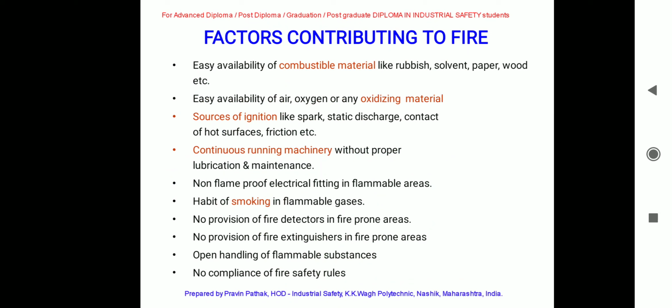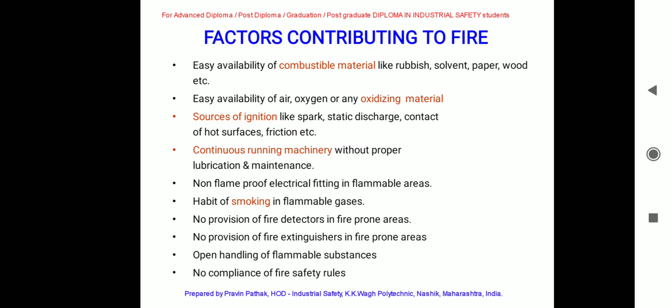So there are some factors contributing to fire. Normally we all know the factors. Some of the factors I have already mentioned here, that is easy availability of combustible material like rubbish, solvent, paper, wood, etc. So availability of fuel is one element of the fire triangle. Then easy availability of air, oxygen or any oxidizing material.